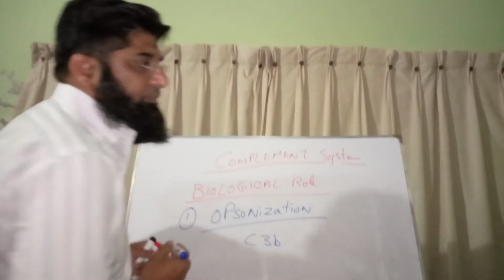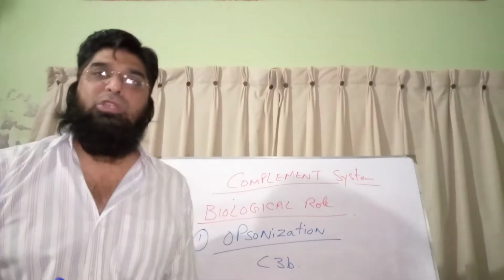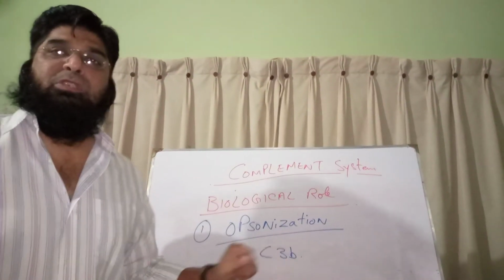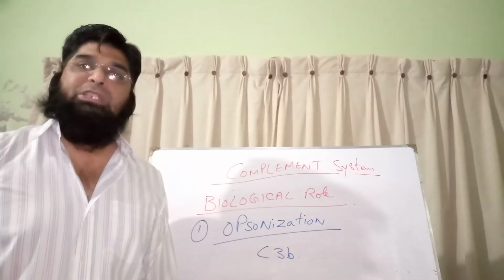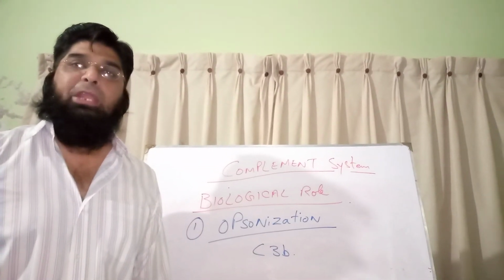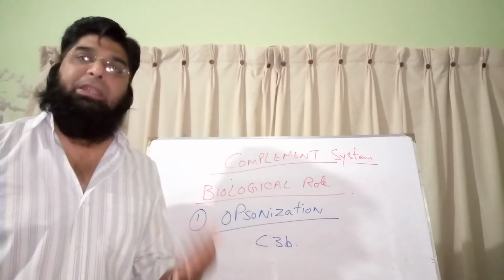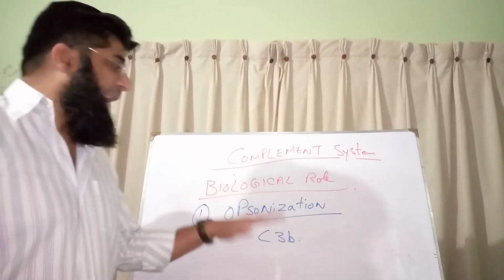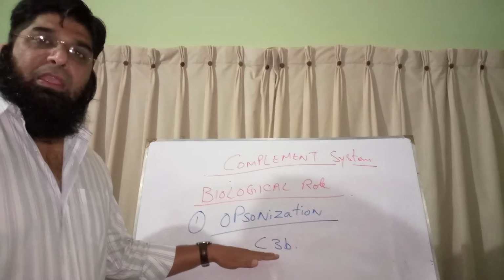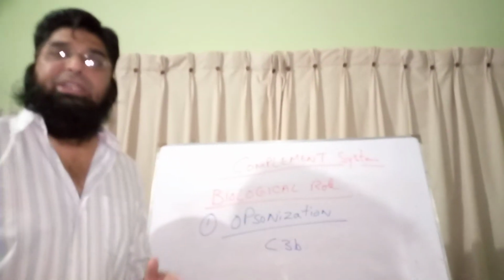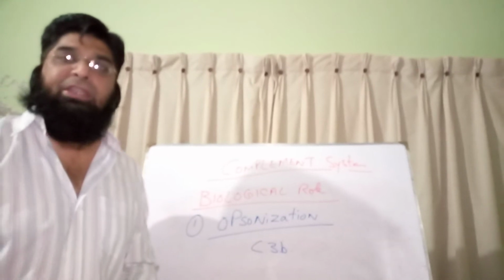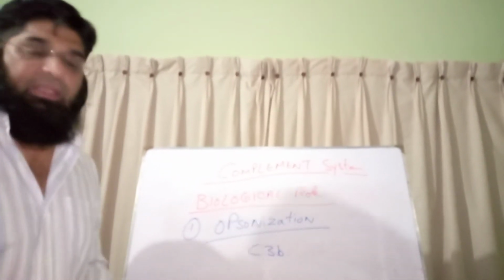C3b. Okay students, C3b becomes attached on the surface of offending agents like bacteria and viruses, and as a result the phagocytic cells can destroy the offending antigens more easily.